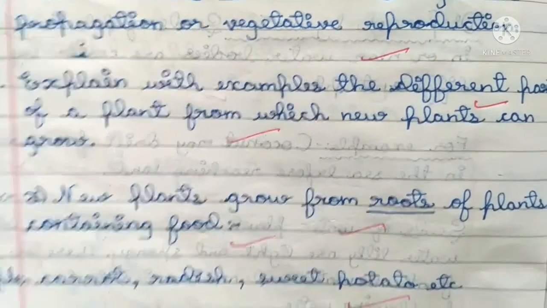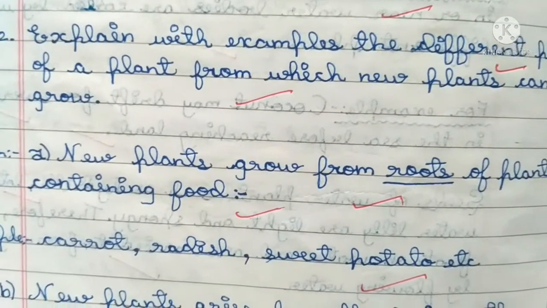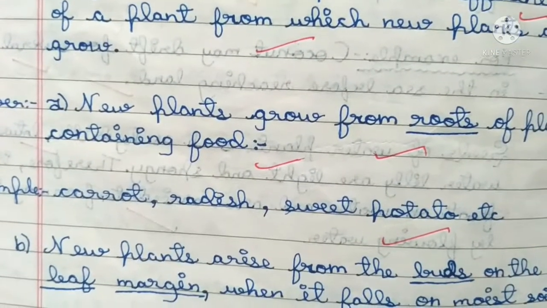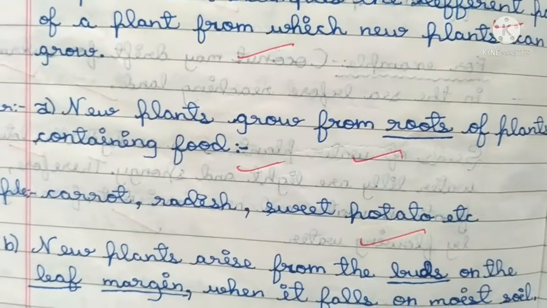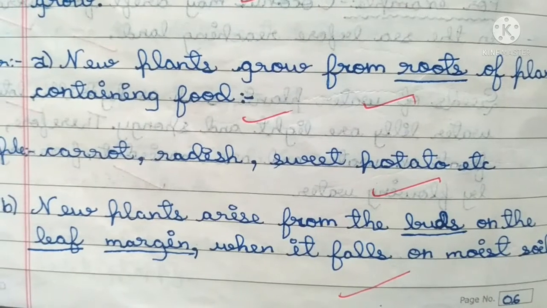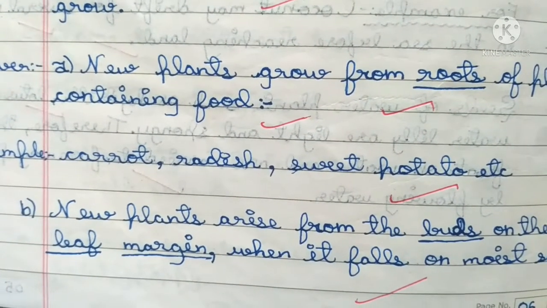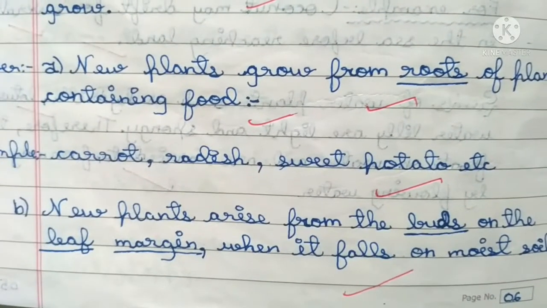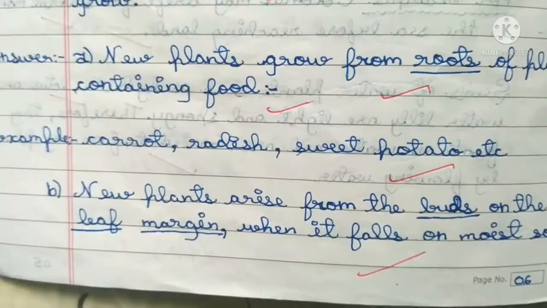Explain with examples the different parts of a plant from which new plants can grow. Answer. New plants grow from roots of plants containing food. Examples: carrot, radish, sweet potato, etc. A new plant arises from the buds on the leaf margin when it falls on moist soil.